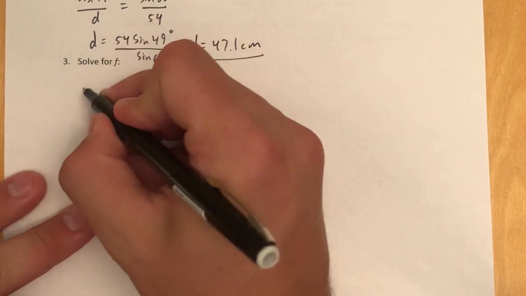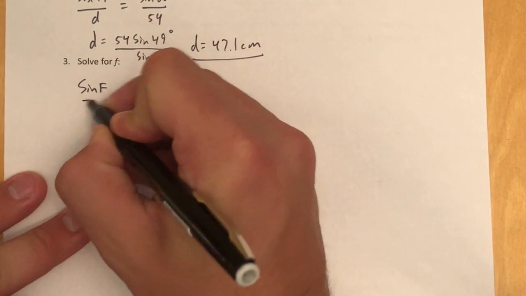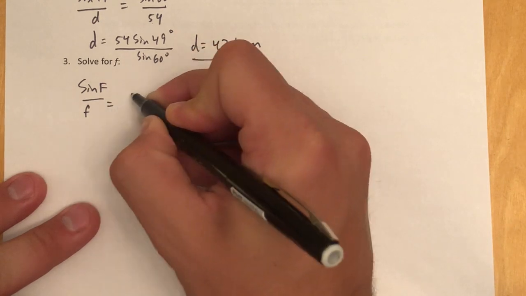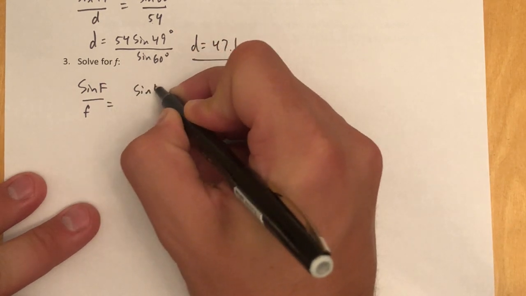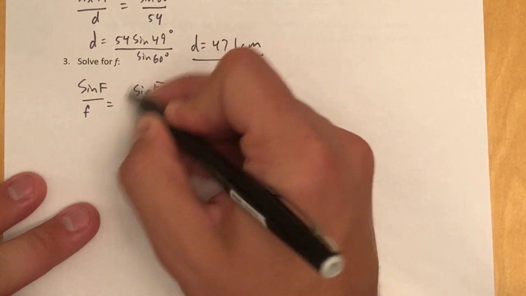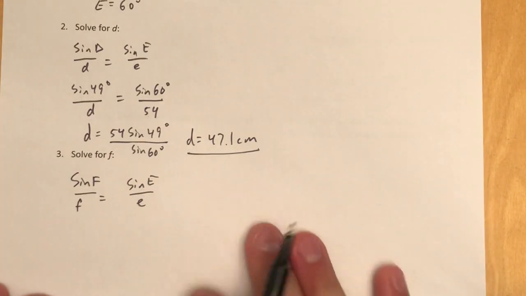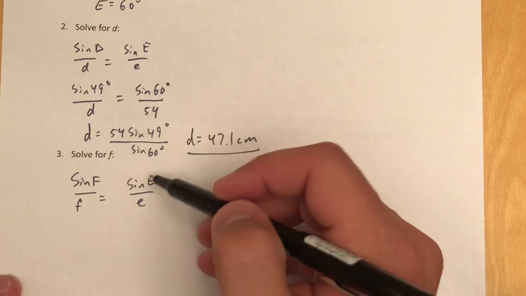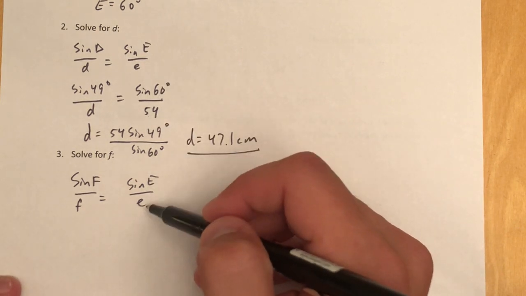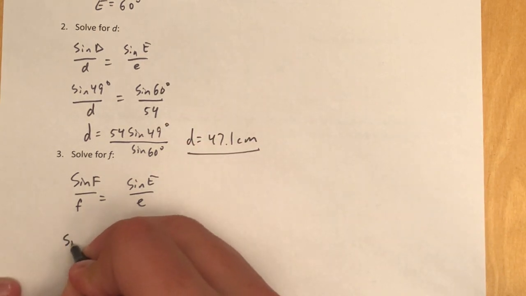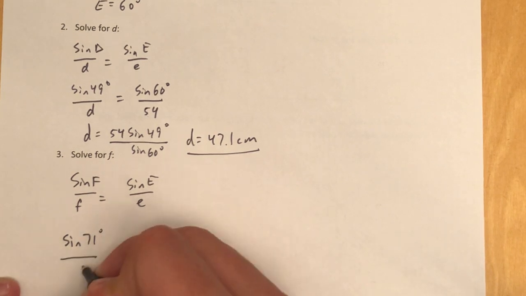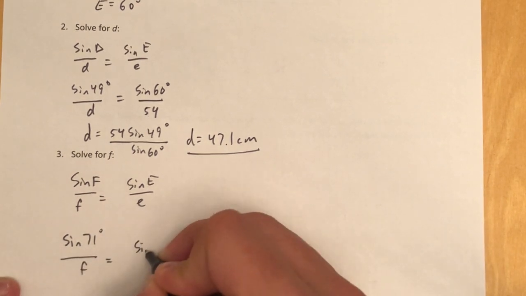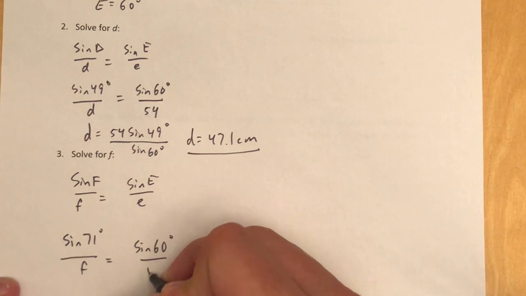So to solve for f, we're going to go sine of angle f over side f is equal to sine of e over side e. And so this one here, I'm using the exact same as I did in the prior example. These are what was given to us. Well, we solved for e first, angle e, and we knew what side e was. So sine of 71 degrees over side f is equal to sine of 60 degrees over 54.